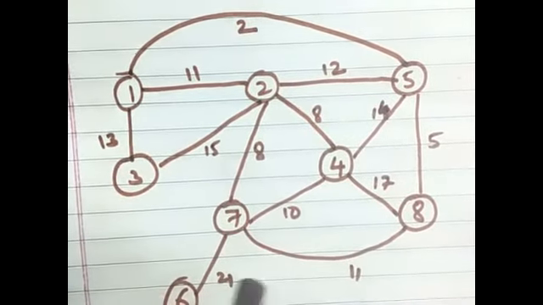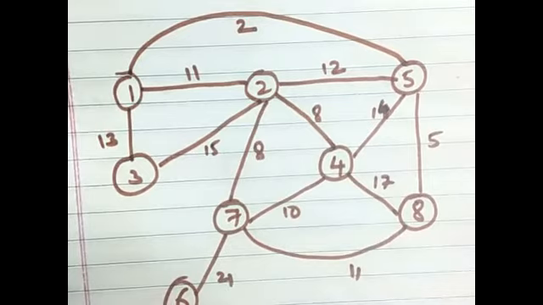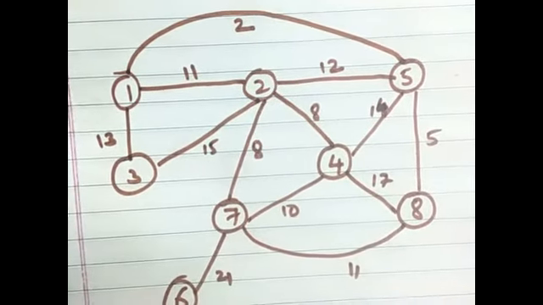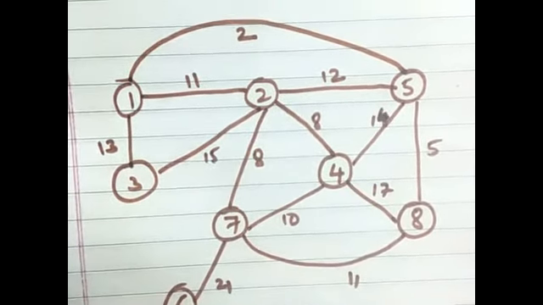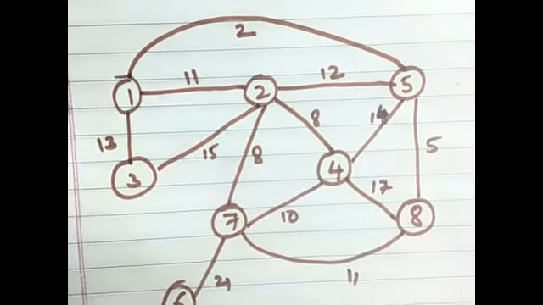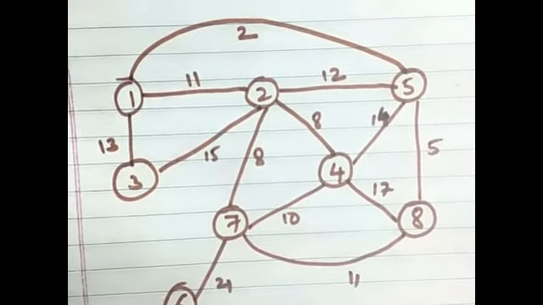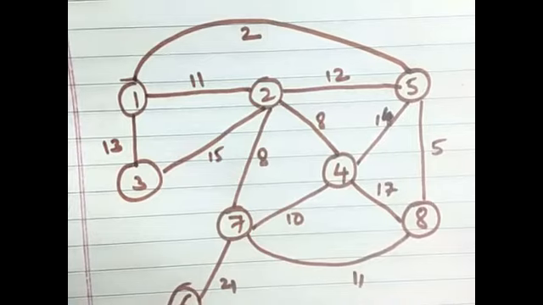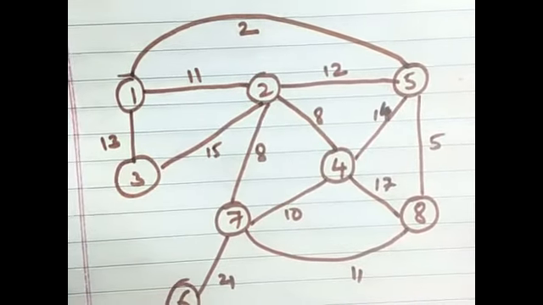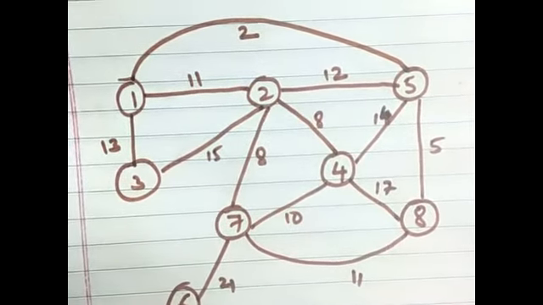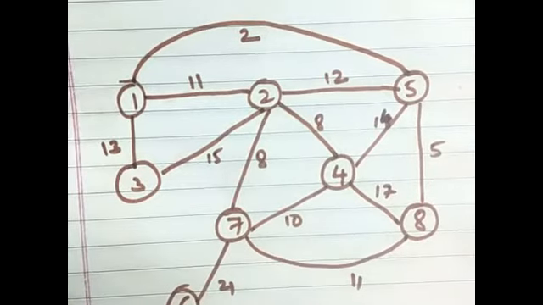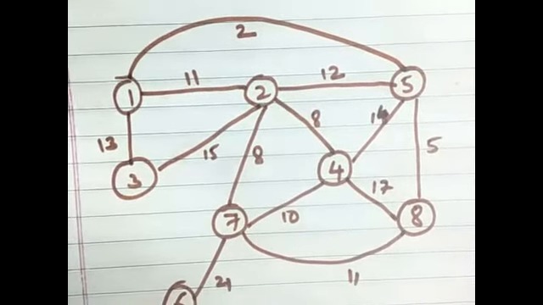At the time of deriving the spanning tree, if you come across a situation where there are two different edges you can travel through, and both have the same cost, then you can choose any one of them.